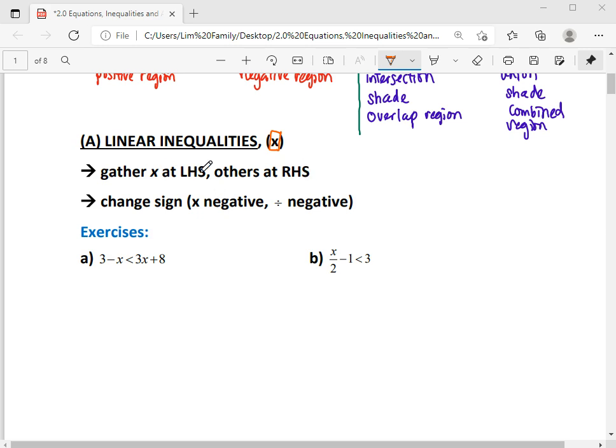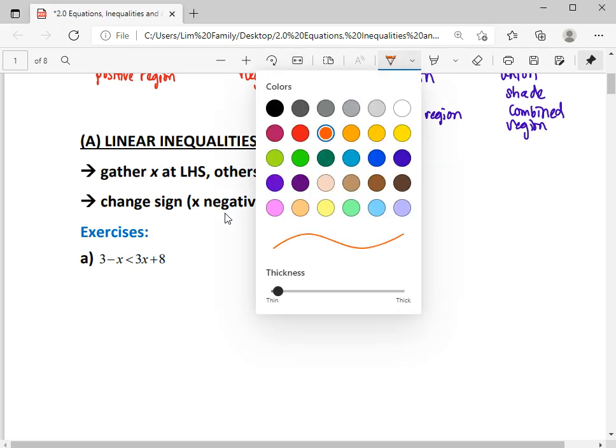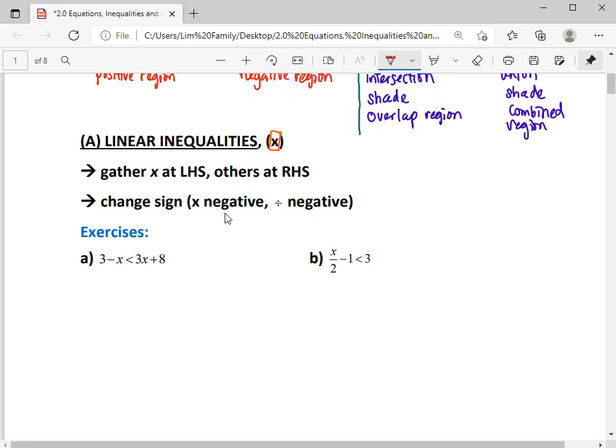When you move things across, remember you have to change your sign. You also need to change your sign when you multiply by a negative value or divide by a negative value. This is what you need to remember.